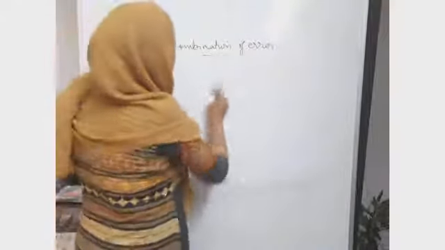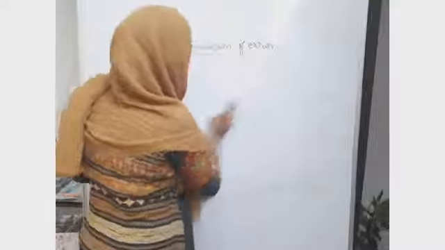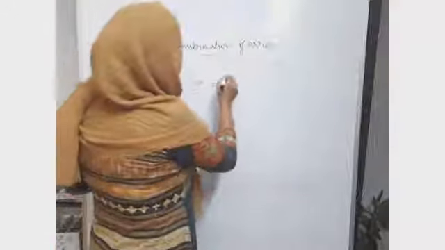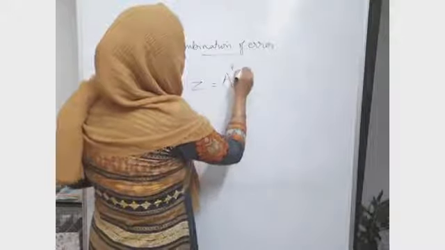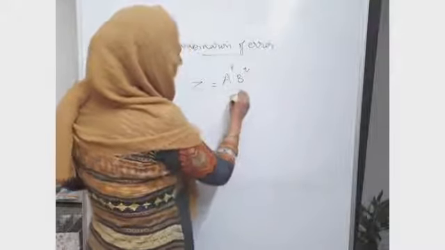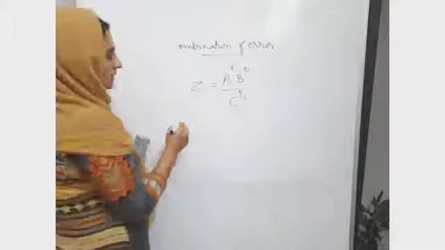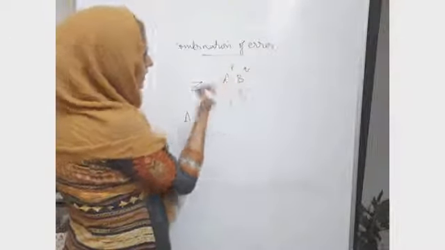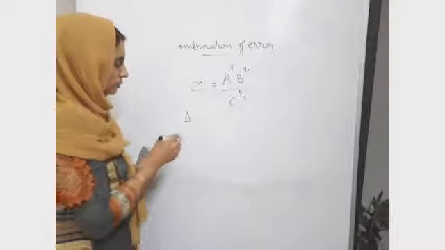Suppose you have a physical quantity in this form: Z is equal to A raised to P, B raised to Q, C raised to half. In this case, how do we represent this? It has powers, and it is also multiplied and divided. So you can use the last two rules.